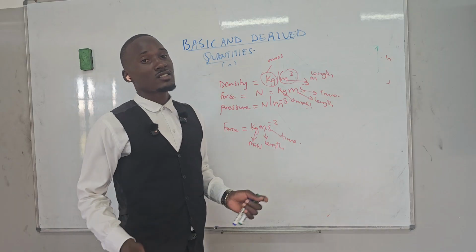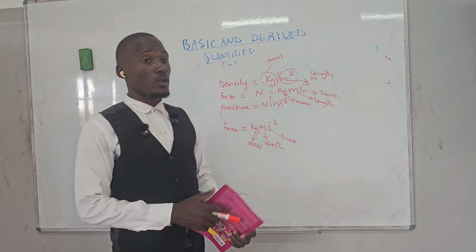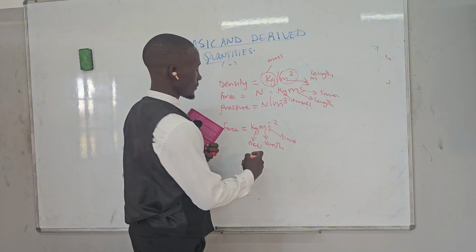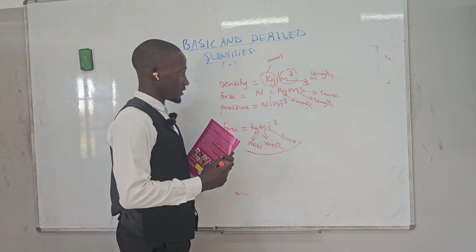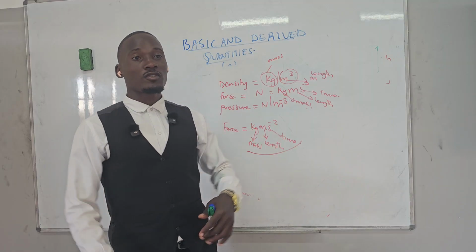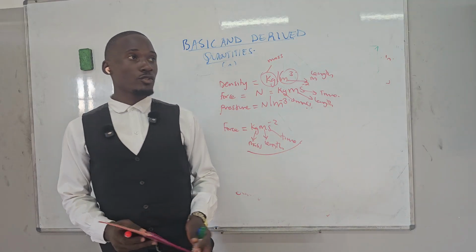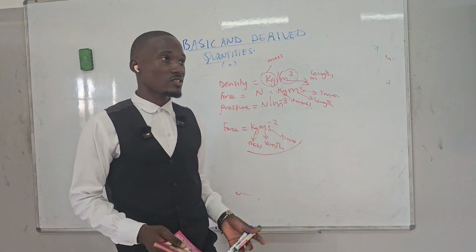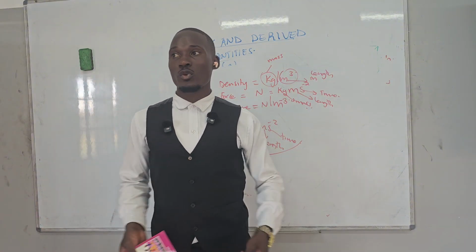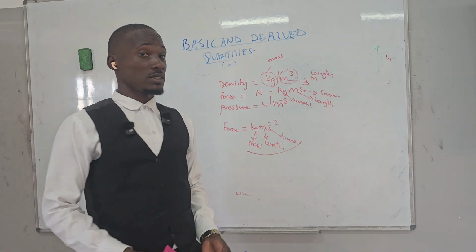So the other quantities which come from these three are what we call derived quantities. And the three that form the rest are called the fundamental quantities. Fundamental means, or basic, it literally means where we are starting from to have other quantities.